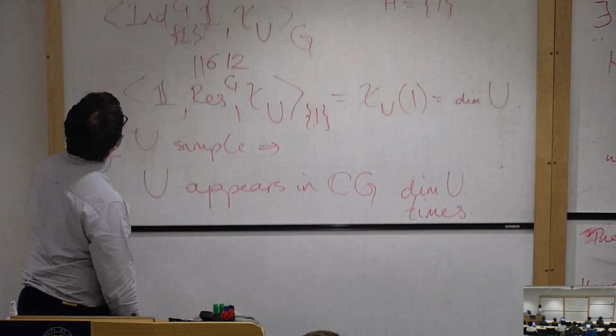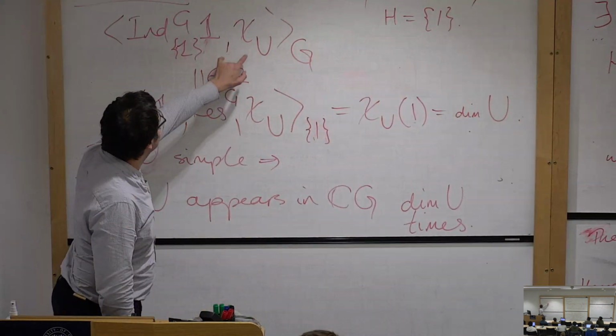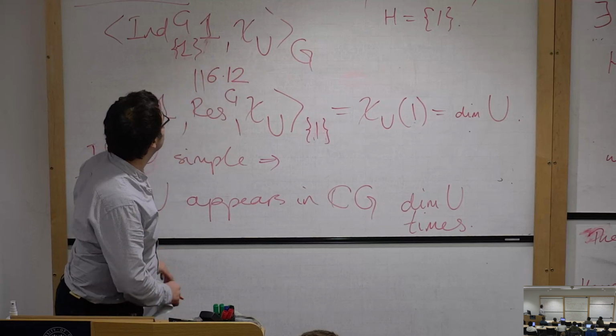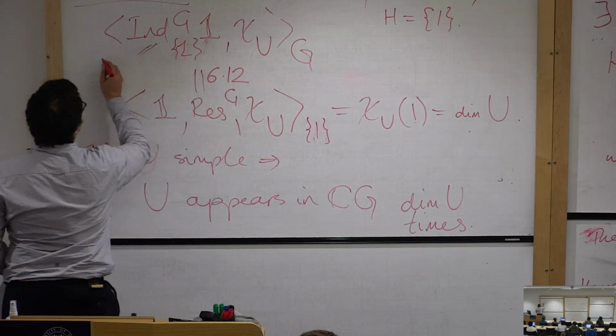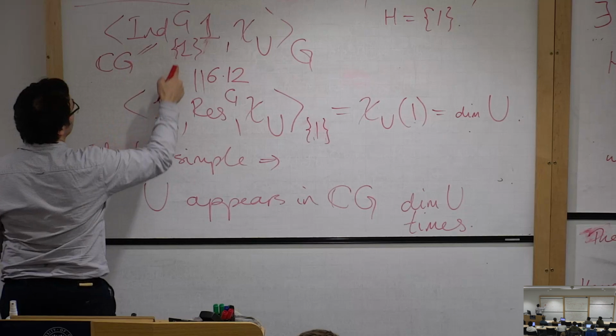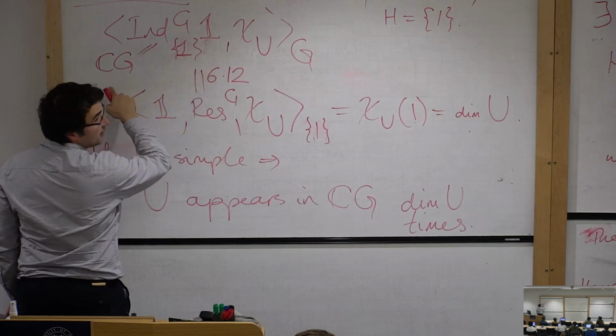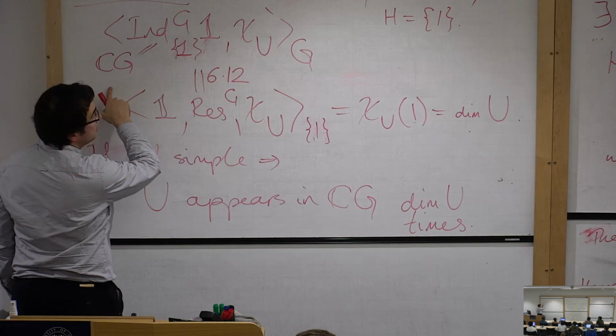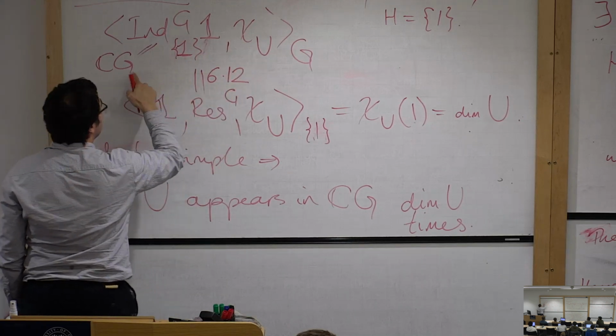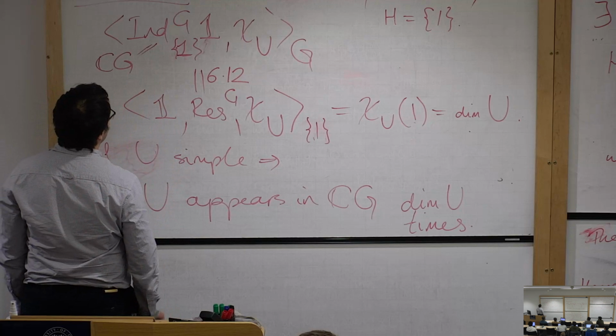Point being that sometimes you might be interested in computing this count value. Of course, this is just the group ring, CG. If you induce from the trivial representation of the trivial group, you get the group ring. How many times does U appear in the group ring?